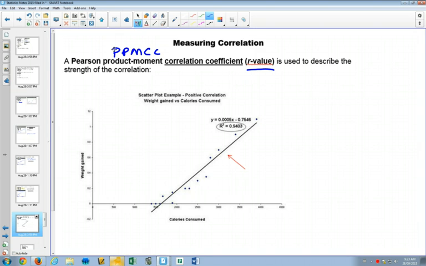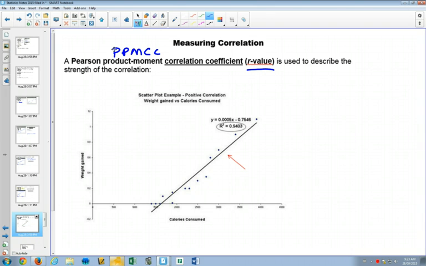And this correlation coefficient is going to tell us that. Because if we get an R value that is very close to 1, it's going to tell us that our line of best fit is very close to our data points. It's also going to tell us that our line of best fit is positive and going up.